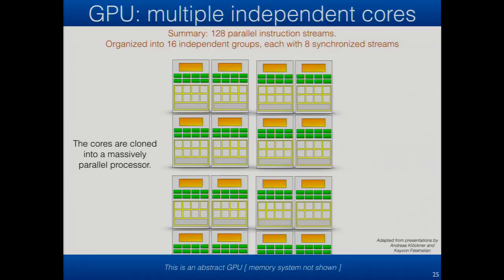So it's a little bit different than the original core x86 design. And of course, we clone them. So we'll take that SIMD core, clone it X number of times, as many times as we can, to tile the target size of silicon. So in this example, I'll have 128 parallel instruction streams, which are organized into 16 independent groups, 16 cores, and each core will be synchronized with 8.